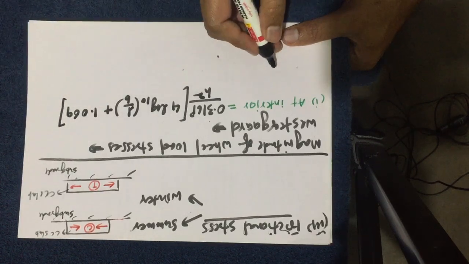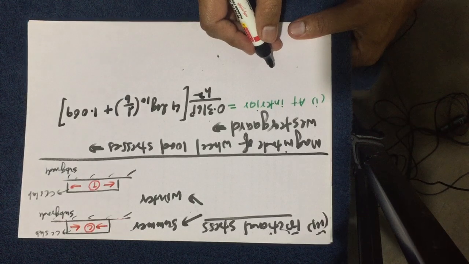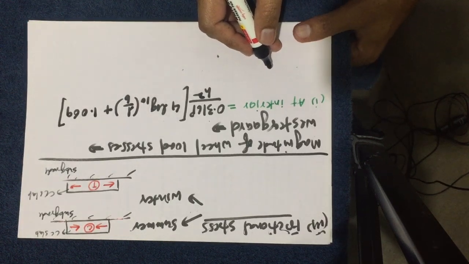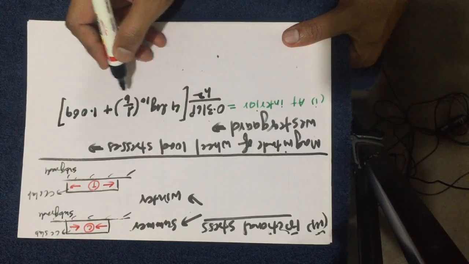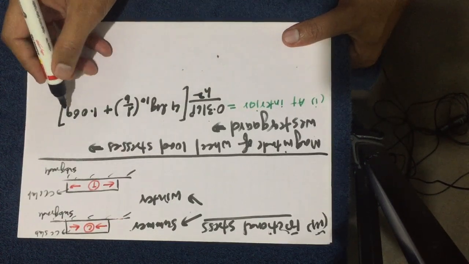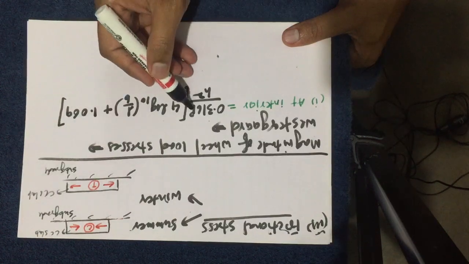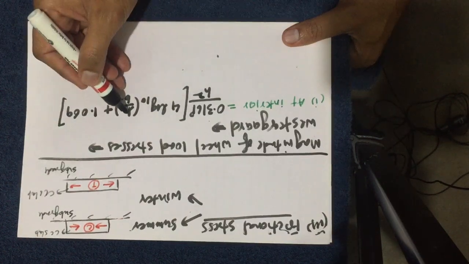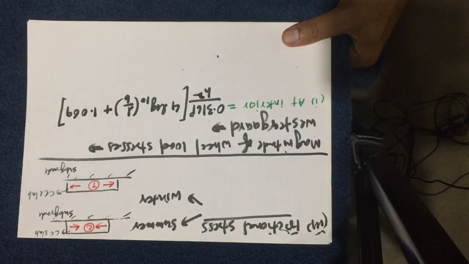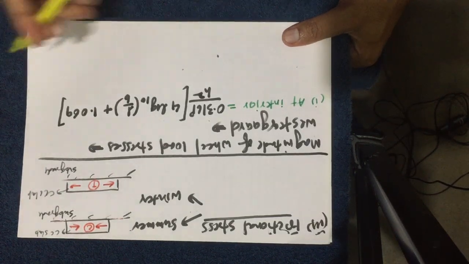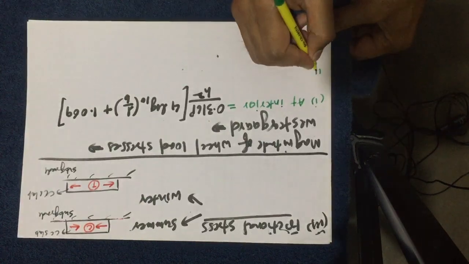So this was given by Westergaard to calculate the wheel load stress at the interior location of loading: 0.316 P by H square, 4 log 10 L by B plus 1.069. Others are constants. What is P, what is H, what is L, what is B, I will make clear in the next part what these terms actually mean.